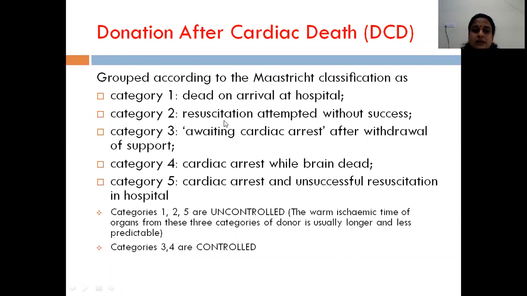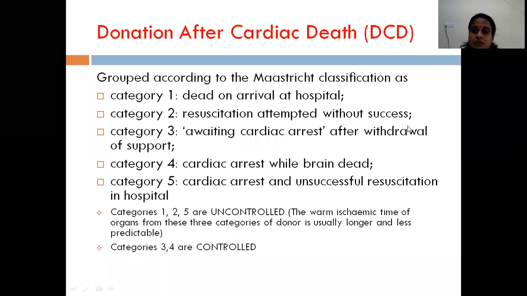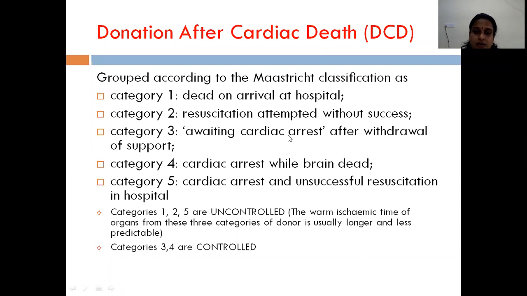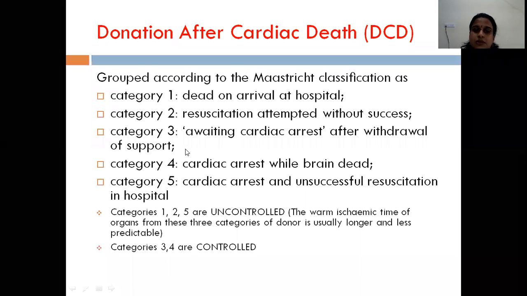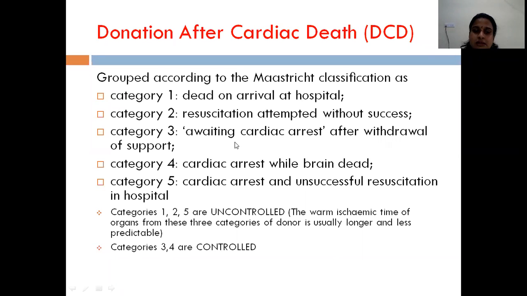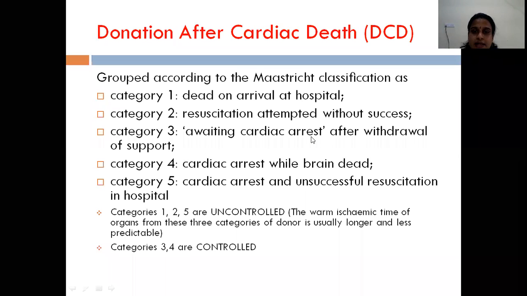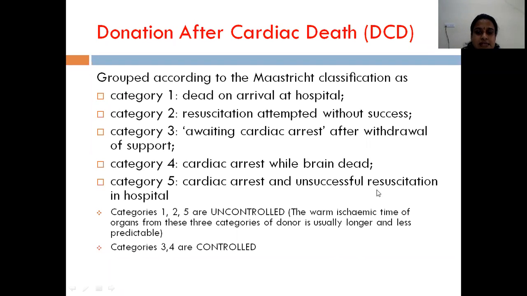Category 2 is the patient was resuscitated without success, that is resuscitation failure. Category 3 is they're awaiting cardiac arrest after withdrawal of support. So once the support is withdrawn, there is definite cardiac arrest. And category 4 is cardiac arrest while the patient is brain dead. Cardiac arrest and unsuccessful resuscitation in hospital is category 5.